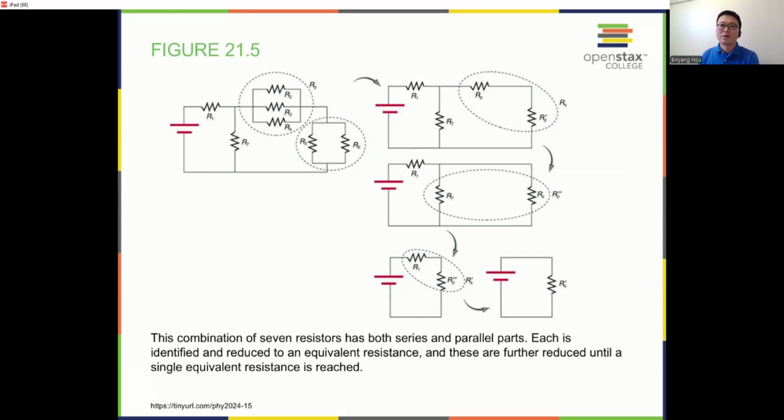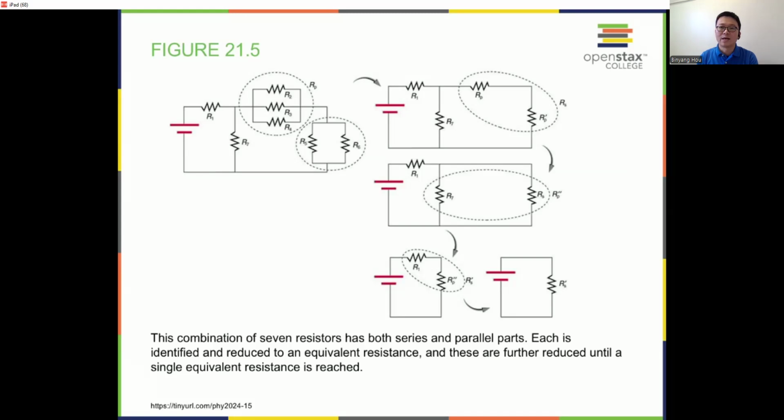Okay. So this will be similar again to the capacitor combinations. You look at the part of the circuit that has just resistors either in series or in parallel, and then put an equivalent resistor for that part of the circuit, and then you go on from that point.